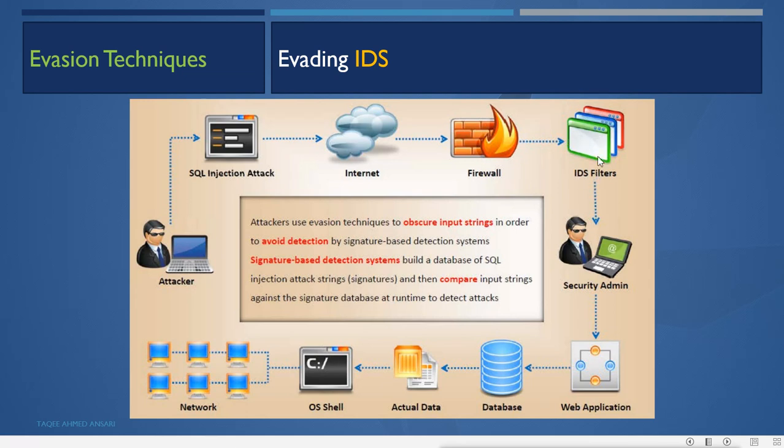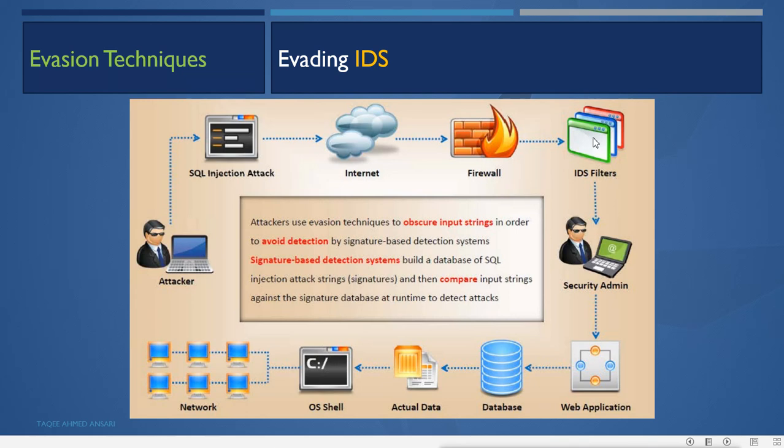Now IDS has a database of signatures. Signatures means those malicious queries hashed into a value. So they hash those malicious queries and generate the signature of those queries, and those signatures will be in the database of these IDS filters.